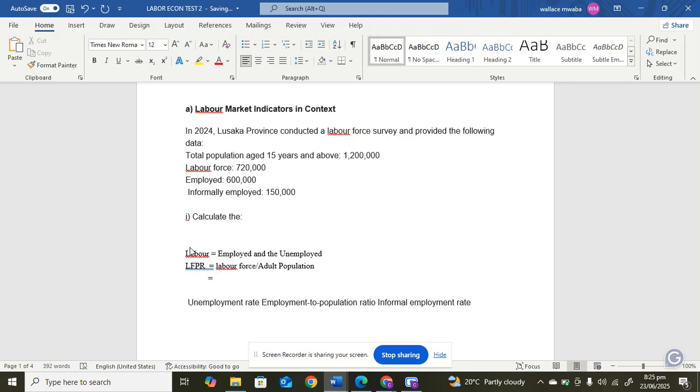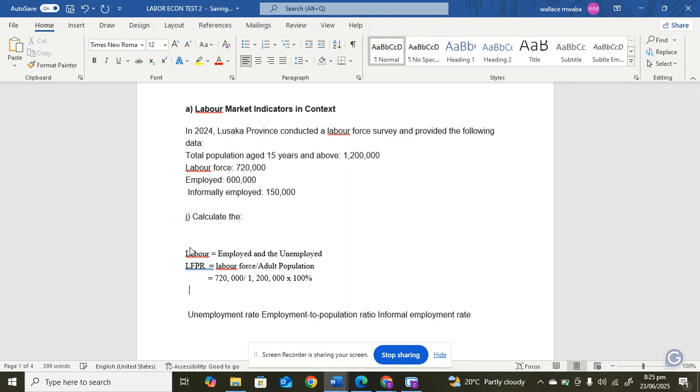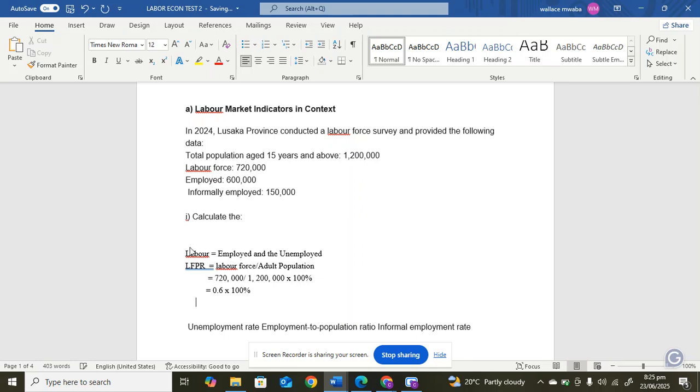All right, so our labor force is 720,000 divided by adult population 1.2 million, times 100%. So 720,000 divided by 1.2 million, you get 0.6. 0.6 times 100%, that is 60%.